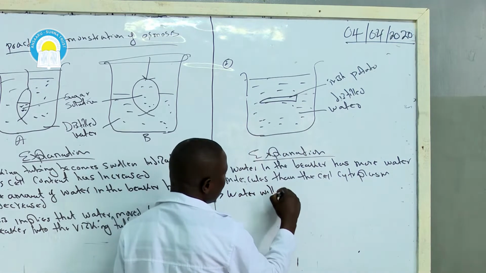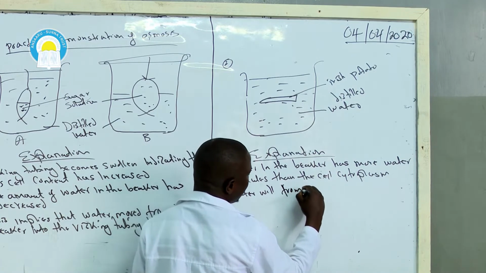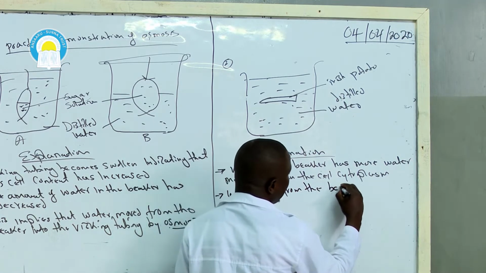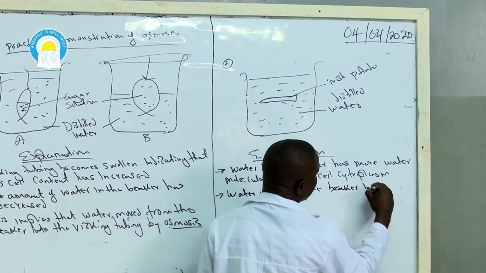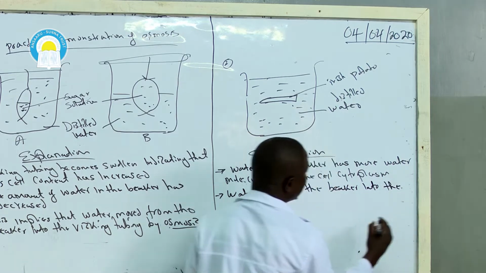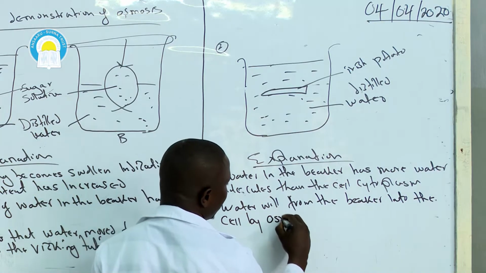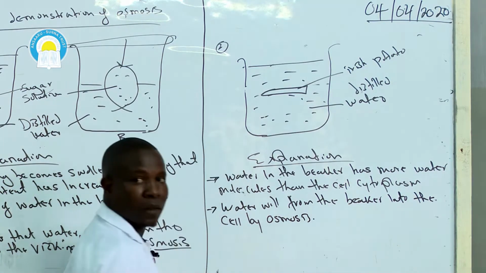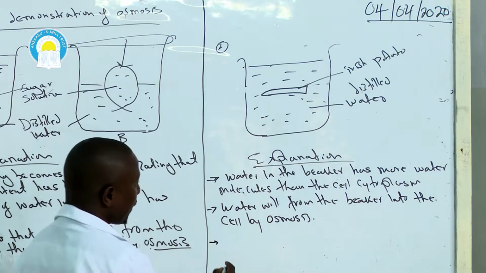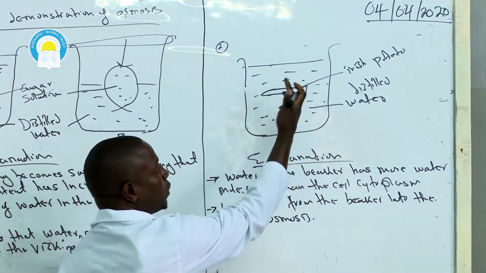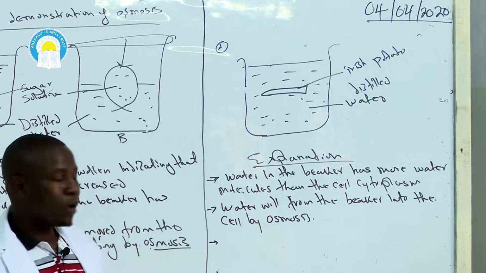Next point is say the water will move from the beaker into the cell by osmosis. Then next point you say water will move from the beaker into the cell by osmosis.